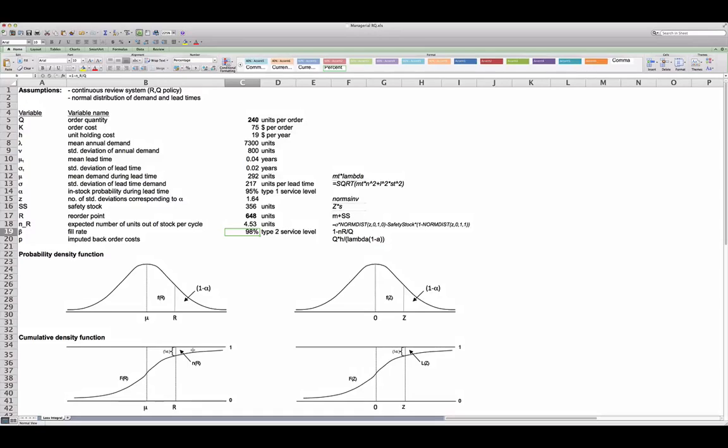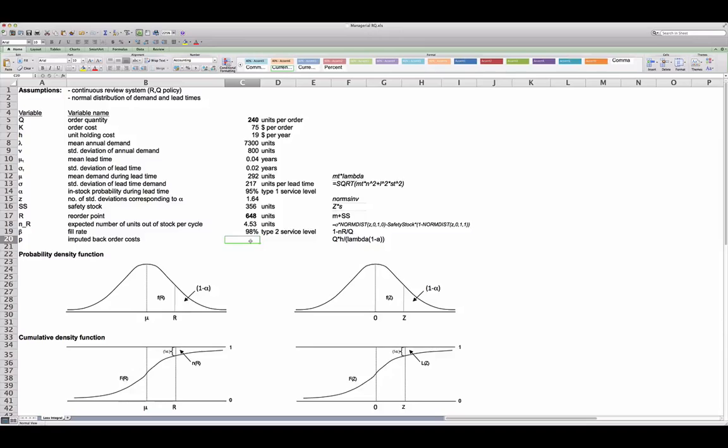One last thing I want to briefly illustrate here, and we've probably discussed this in a previous video, but it is a nice way to double check whether your calculations actually make sense, and that is to look at imputed backorder costs. So remember, I do not have backorder cost information here. So what I do instead is I rely on some managerial input to give me a service target, either a type 1 or a type 2 service target.